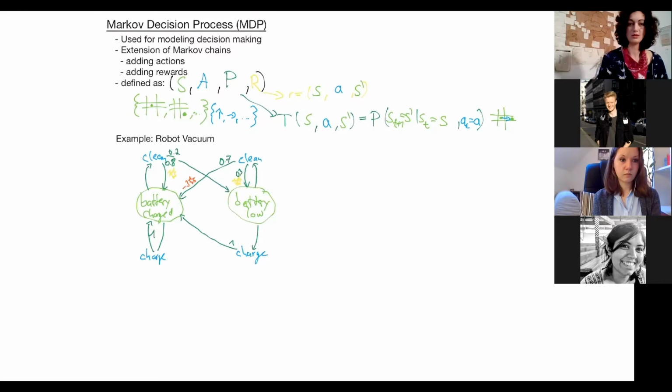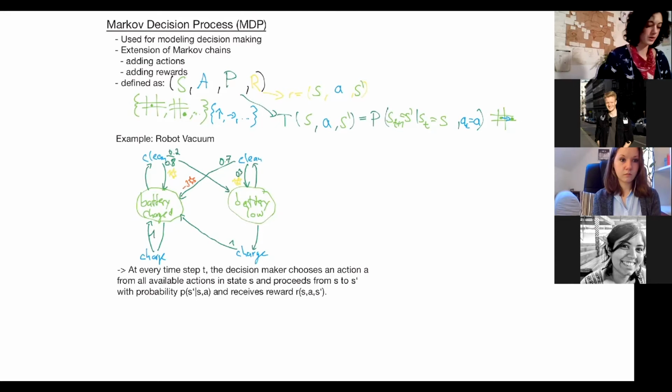So this is the definition of a Markov decision process. Now we can try to solve this process by finding an optimal policy. When should it go to the charger? When should it keep vacuuming in order to maximize its overall reward? Basically at every time step t, the decision maker, the agent, in this case the robot vacuum, chooses an action A from all available actions in state S. In this case, in both states, the same actions are available.